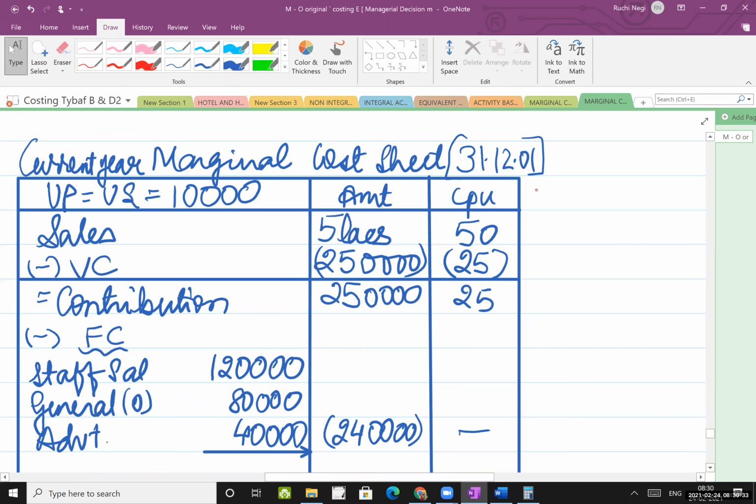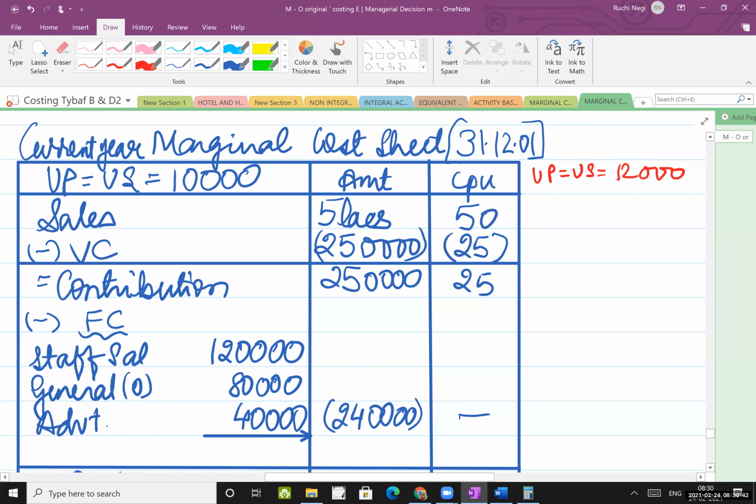अभी 10,000 कितना हो जाएगा? 12,000 आ जाएगा.